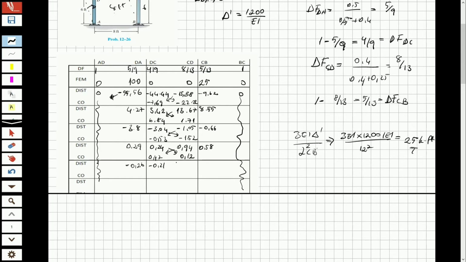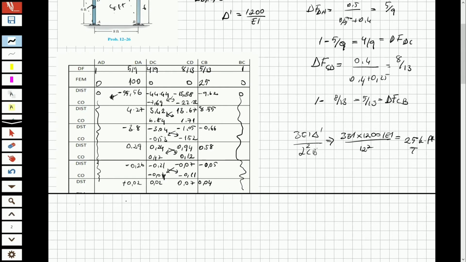I'm going to write them a little faster because you understand how it's going to be. And now, let's calculate the moments.